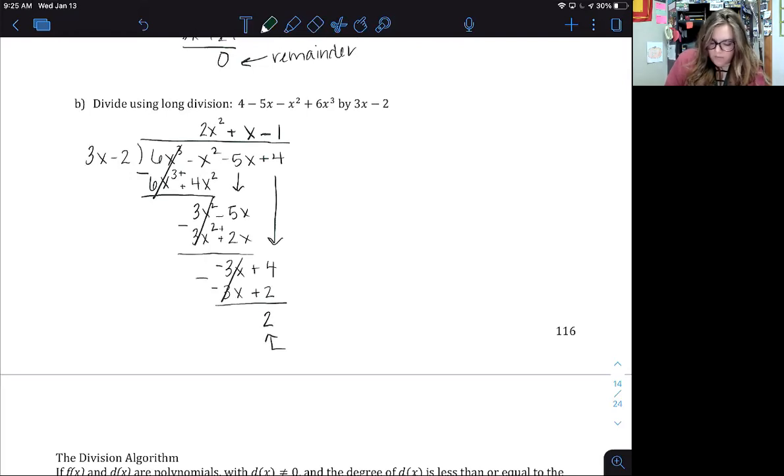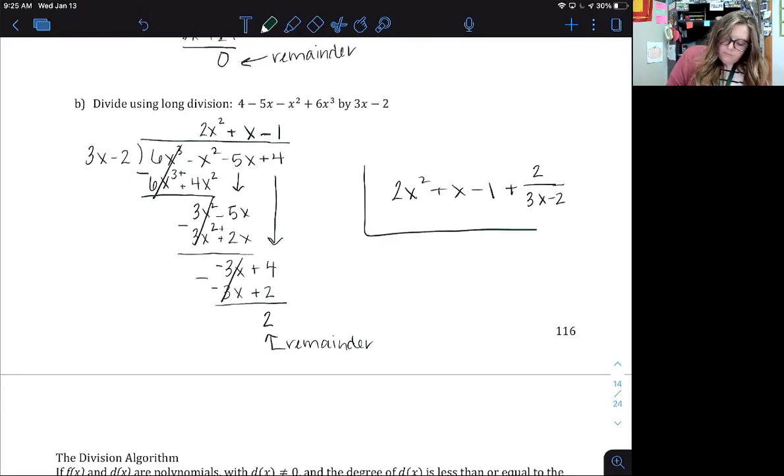So this is our remainder. And the way we're going to write our answer now: 2x squared plus x minus 1 plus 2 over what we divided by. So 3x minus 2. And that would be your full answer.